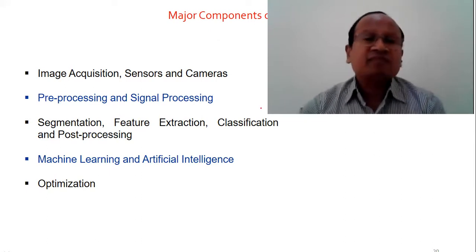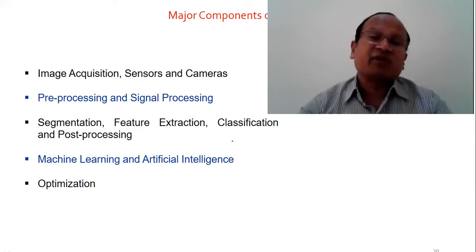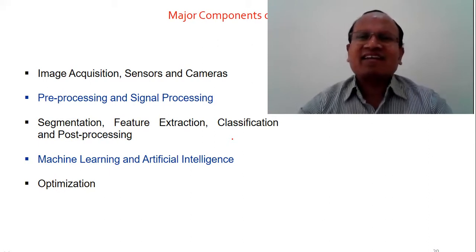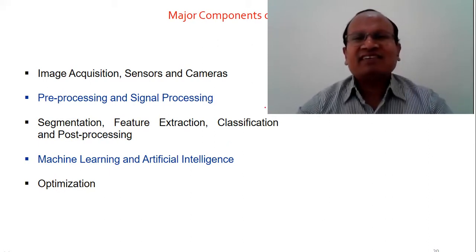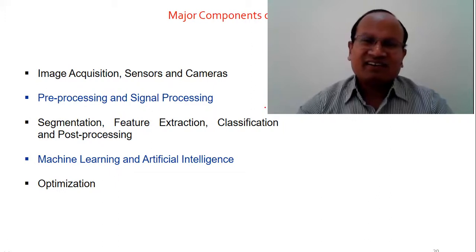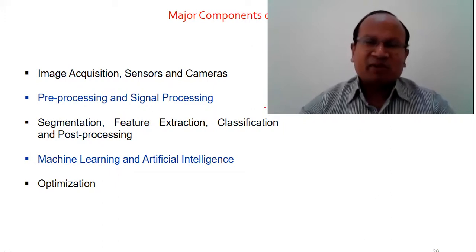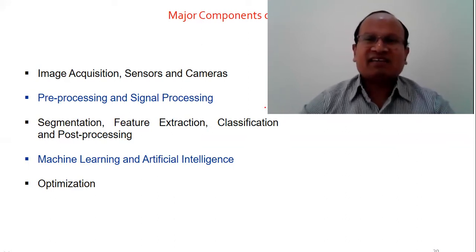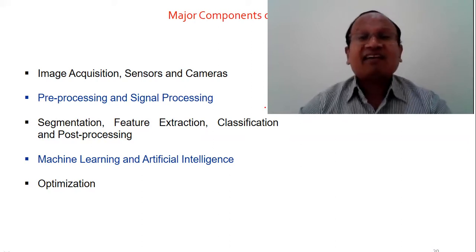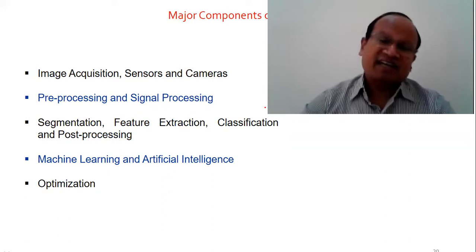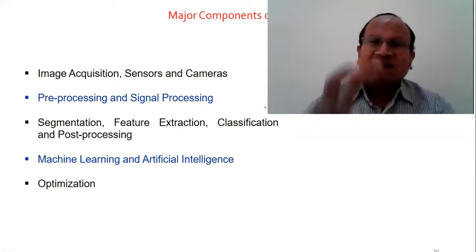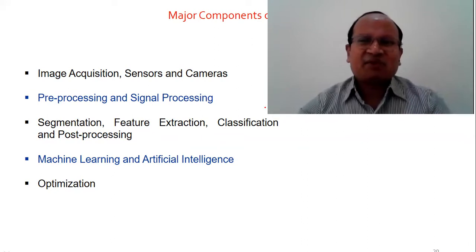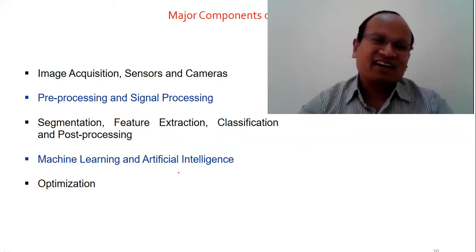Machine learning and AI are the most significant components. Machine learning and AI actually empower computer vision to understand, to develop a knowledge base, to interpret something, and to provide decision making. So the brain, the training and learning part, and the development of the knowledge base of computer vision is attributed to machine learning and artificial intelligence.